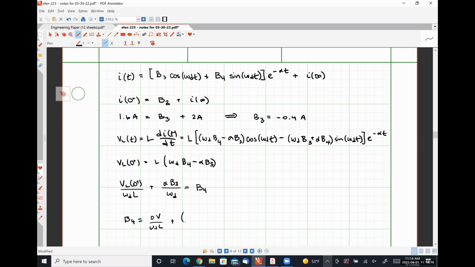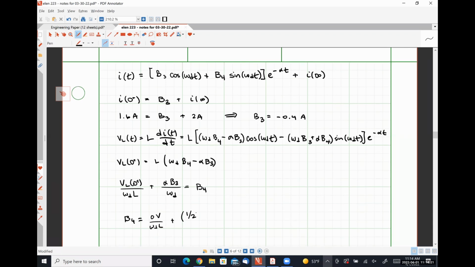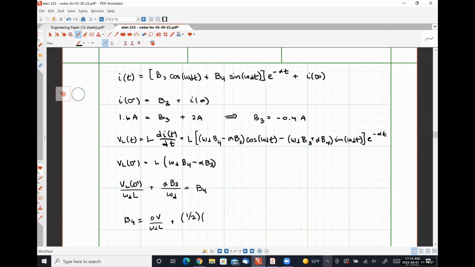Alpha is 1/2. B3 is negative 0.4 amps. And then omega_d was also 1/2, right?